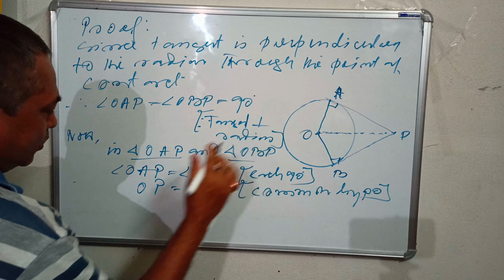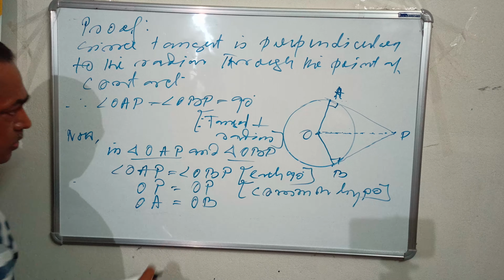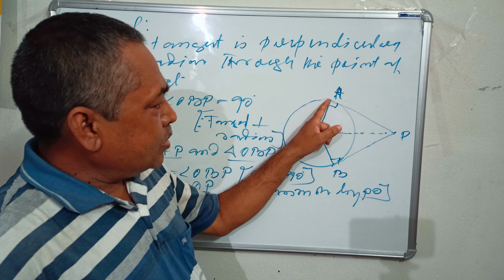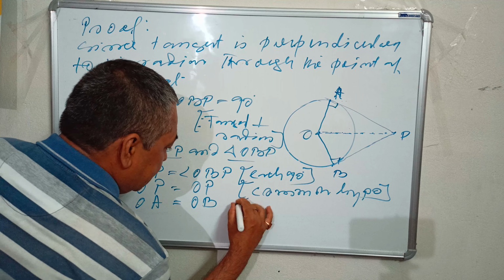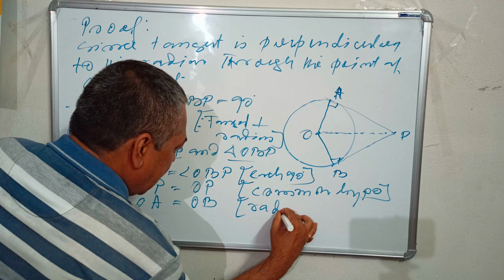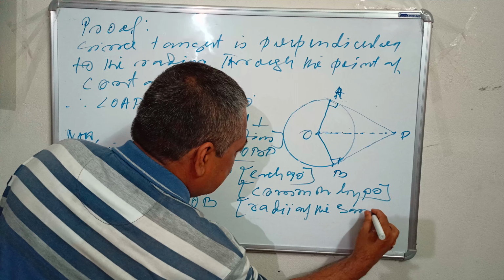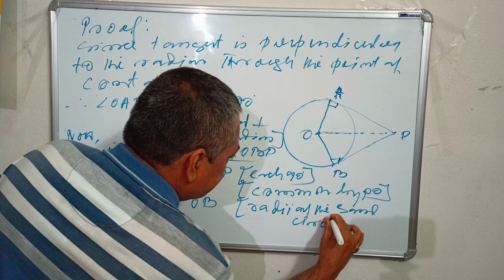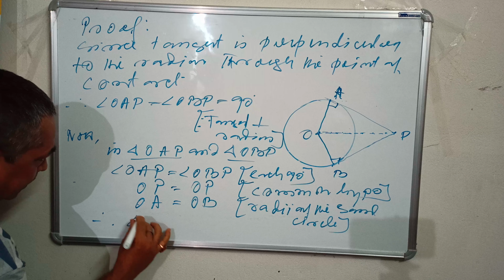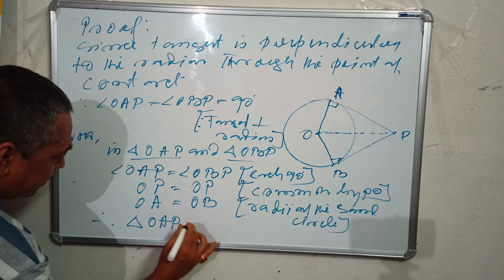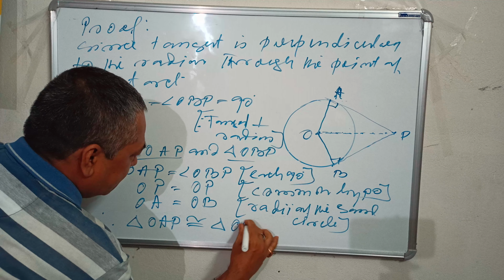And OA equals OB, because O is the center, A is a point on the circle, B is a point on the circle, so OA and OB are radii of the same circle. So therefore, triangle OAP is congruent to triangle OBP.